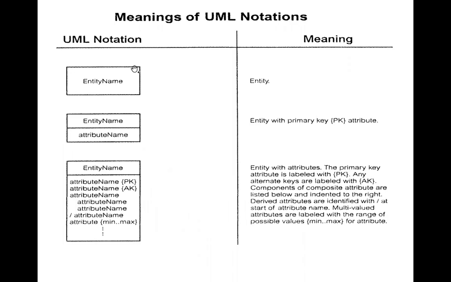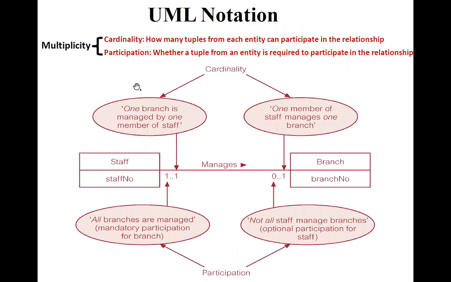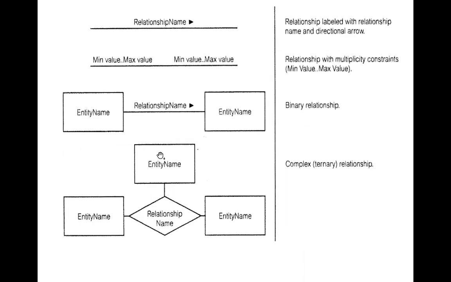Okay, so let's go back to that example here, right? I think one way to interpret this is participation and maximum cardinality, okay? You see multiplicity.